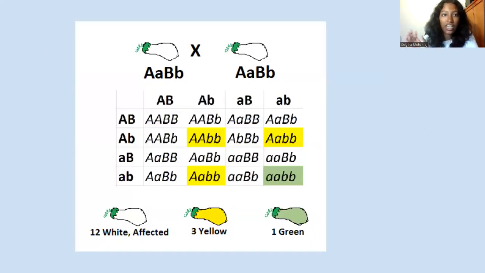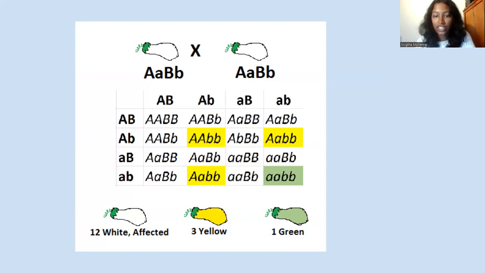So in this one, you can see these white eggplants, and you're looking at all the different crosses with these. But you can see the ones that are yellow are the ones that do not possess that dominant B gene. And because there's a lack of that expression, even when we have the dominant A gene, it is unable to express that white color because it's dependent on that B gene as well, and that B gene is not expressed.